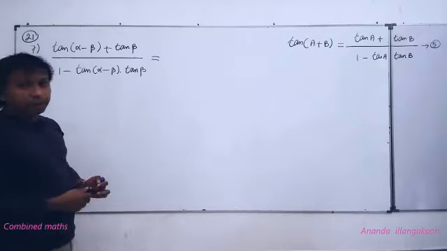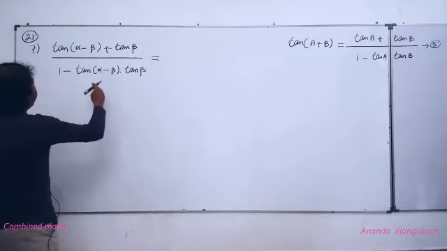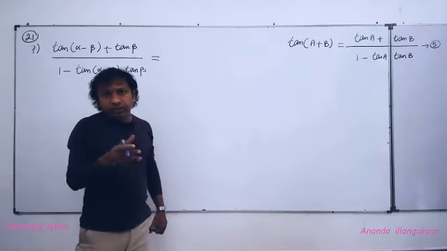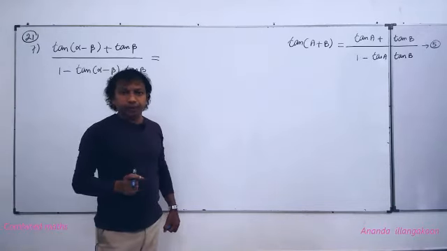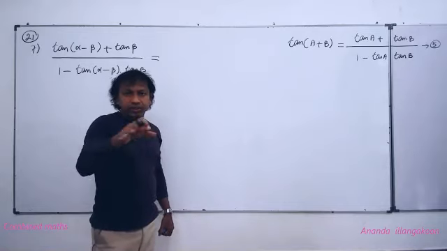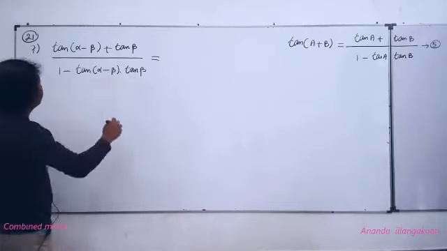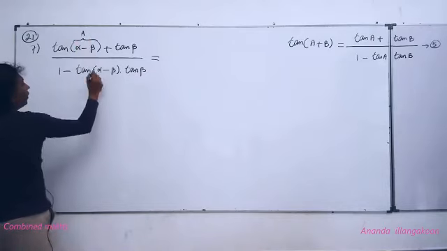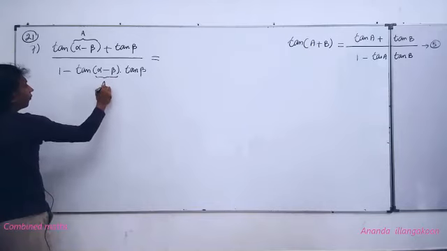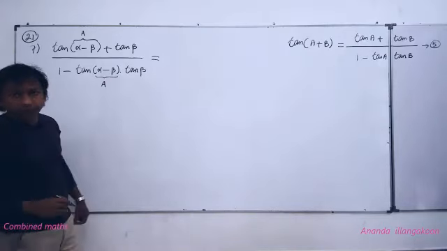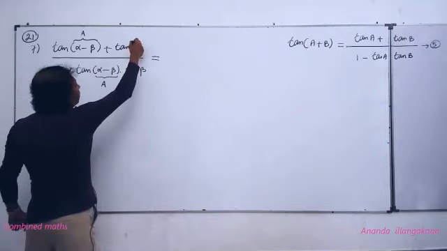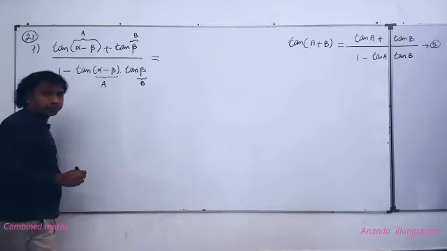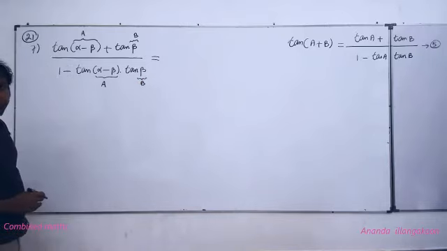Now see here, if alpha is an angle and beta is also an angle, then their difference will give another single angle. Alpha minus beta is another single angle. I am going to take that as A, so the same alpha minus beta here is also A. And this angle beta, I am going to take as B. Then when you read this, what do you have?